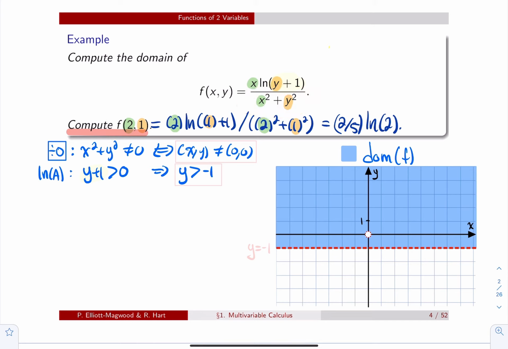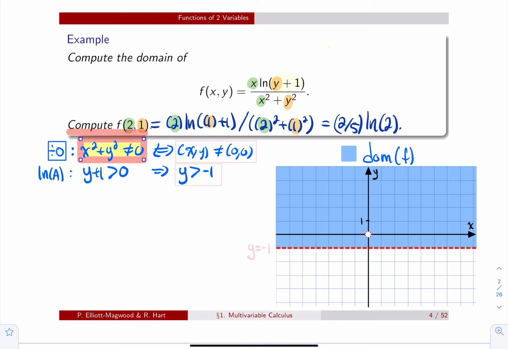Or, to be more precise, we don't want x squared plus y squared equal to 0. The only way this can happen, because x squared is greater than or equal to 0 and y squared is greater than or equal to 0, is if and only if x and y are both equal to 0.